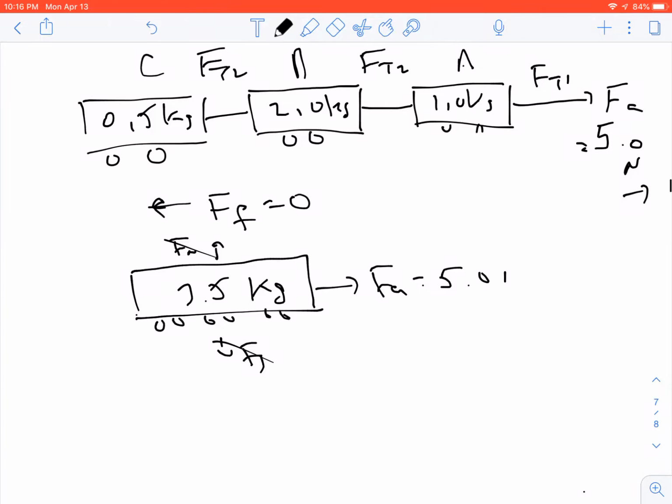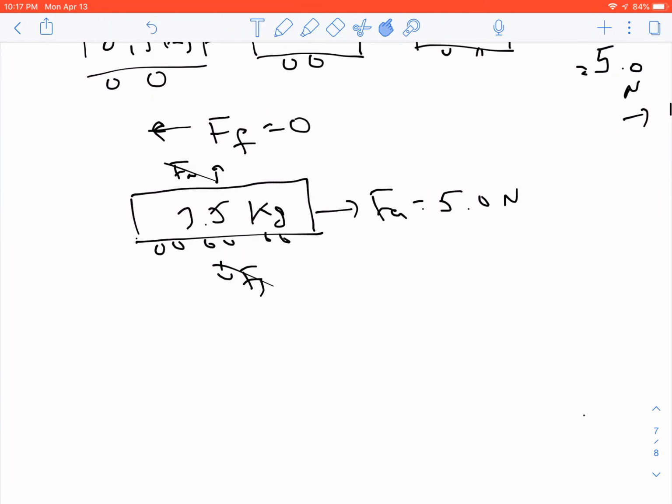So if I calculate the acceleration now of the entire toy, I need to look at the net force acting on the toy and the mass of the toy. I know the F net is 5 newtons. I know the mass of the toy is 3.5 kilograms times the acceleration.